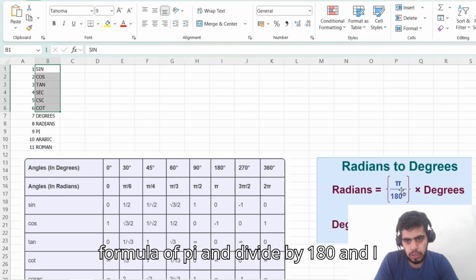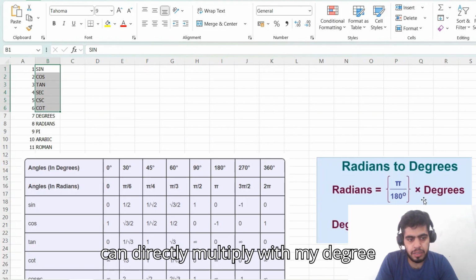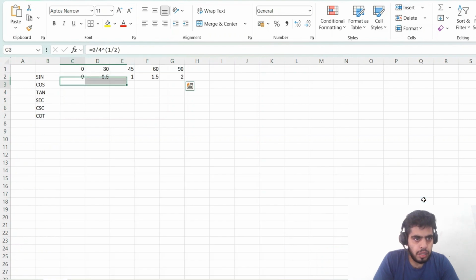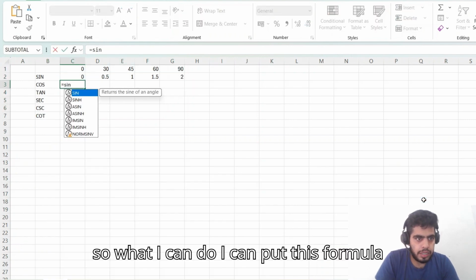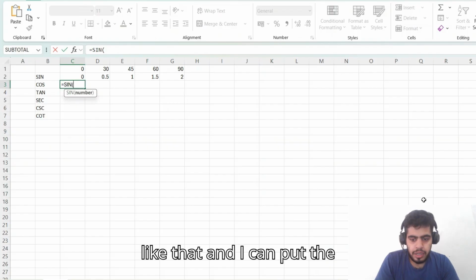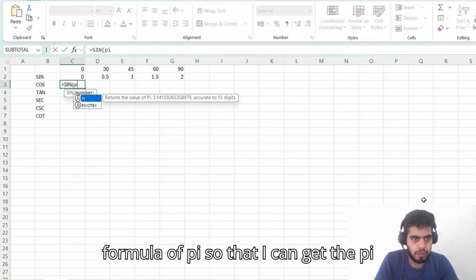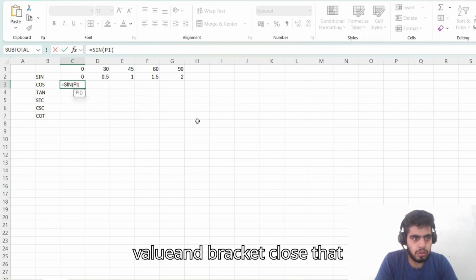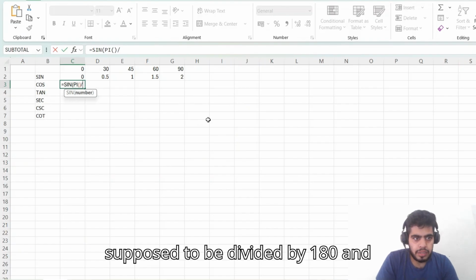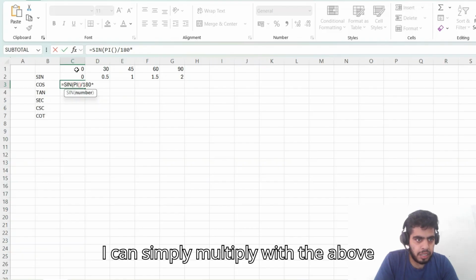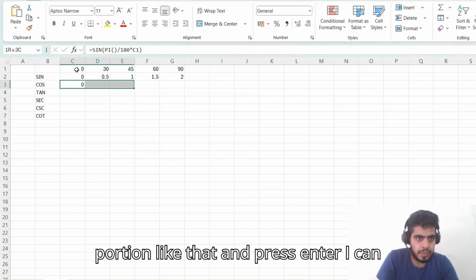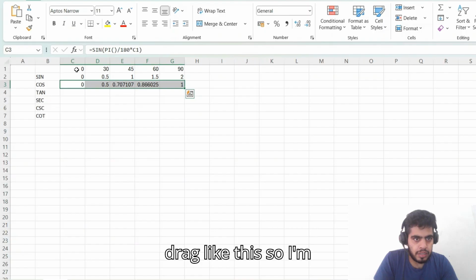I put the pi formula and divide by 180, and I can directly multiply with my degree. So I put the pi formula so that I get the pi value, bracket close, divided by 180, multiply with the above portion, press enter, and drag.